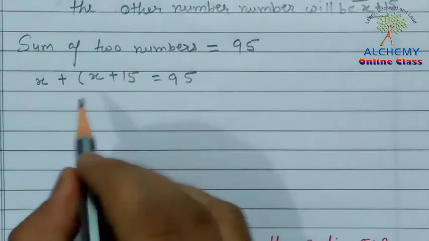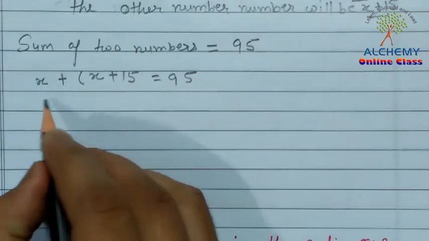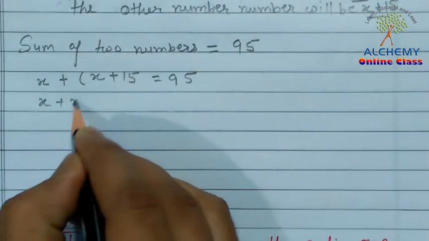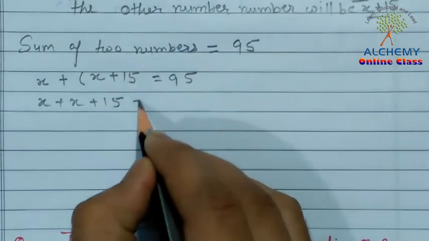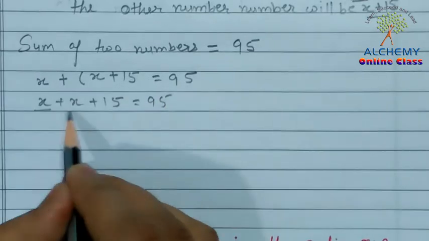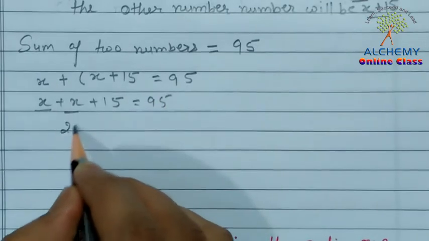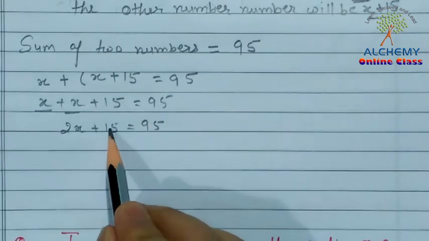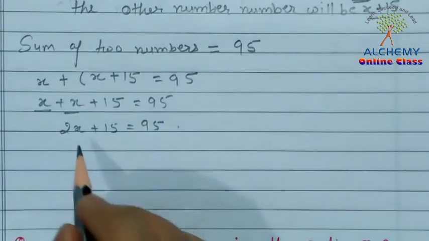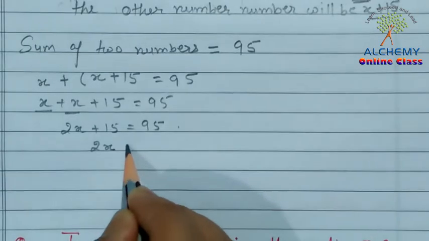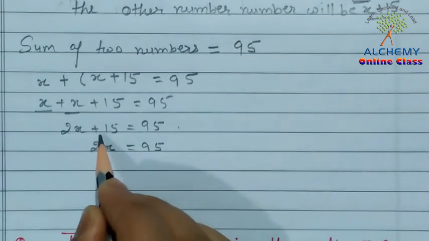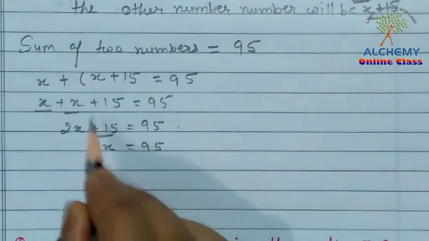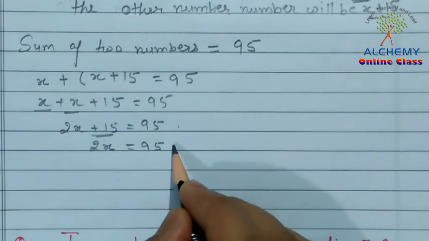When we open the bracket, it will be x plus x plus 15 is equal to 95. x and x will be added, and we have 2x plus 15 is equal to 95. This 15 will be taken to the other side, and we get 2x is equal to 95 minus 15, because it is in addition, so when it goes to the other side it will be subtracted.